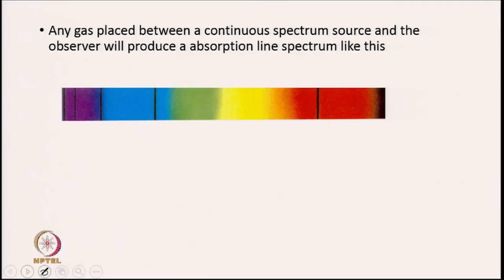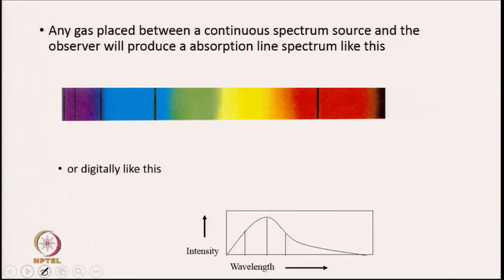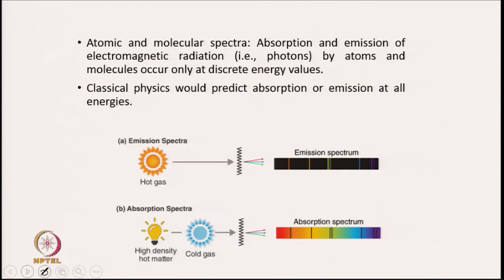An absorption line spectrum looks like this, and digitally it will look like this. So, you can see that at the line here, the light is missing. Light of these particular wavelengths is missing because it is absorbed by the sample.